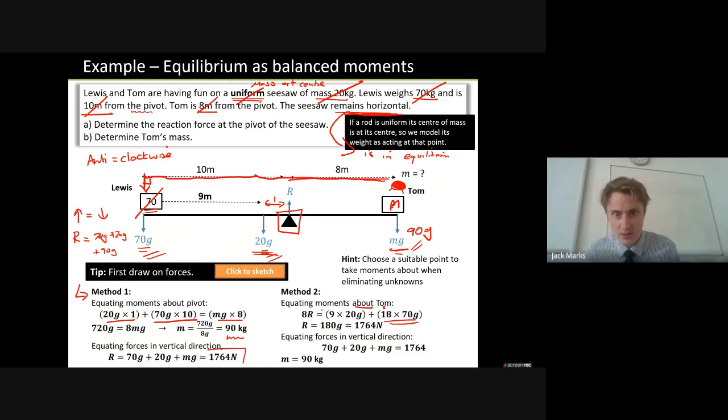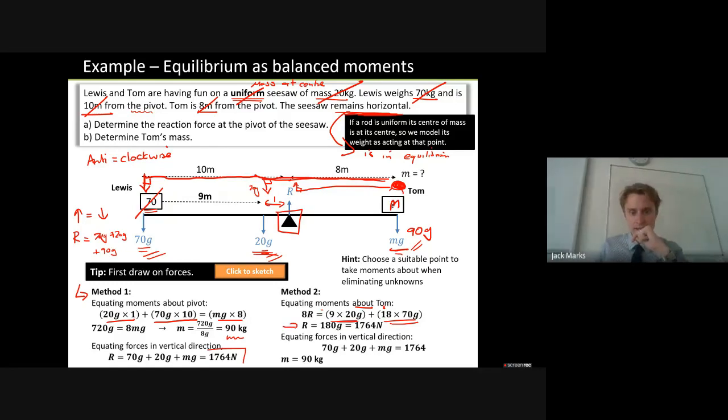So we can do 9, and that's perpendicular to 20g. So 9 times 20g, anti-clockwise, anti-clockwise. And that must be equal to 8, and that's perpendicular to R. That must be equal to 8R, because the anti-clockwise must be equal to the clockwise.